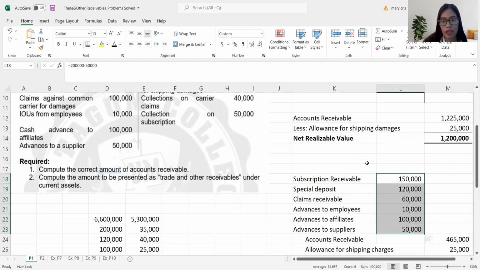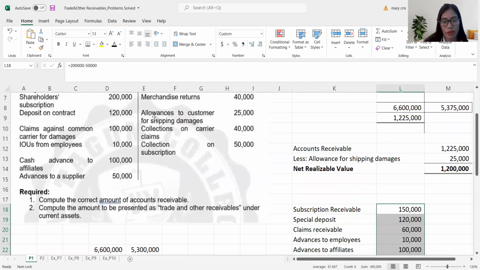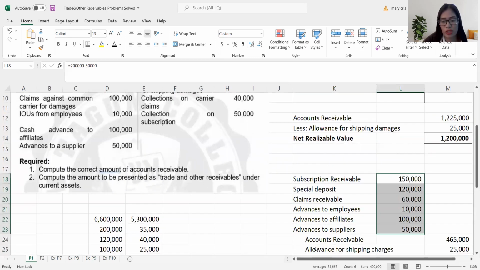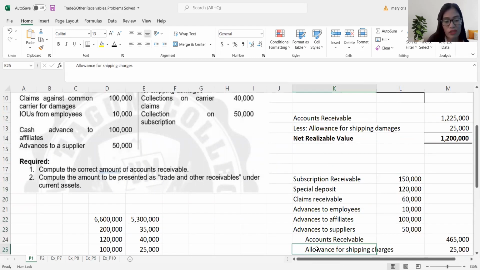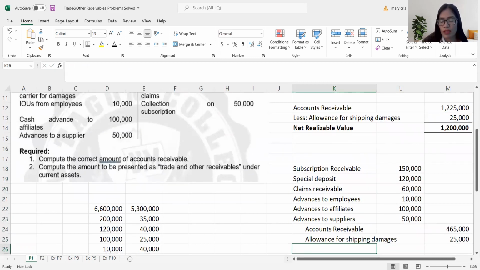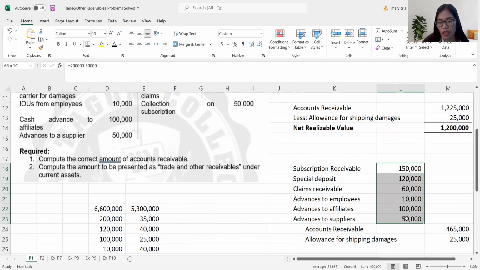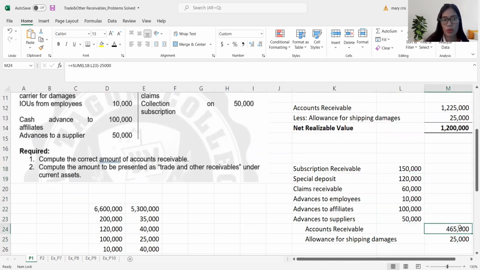Take note that we have to recognize the allowance for shipping damages, not shipping charges, so let me correct that. That's 25,000. So from the 490,000, we deduct the 25,000, and the adjustment to our accounts receivable should be 465,000.